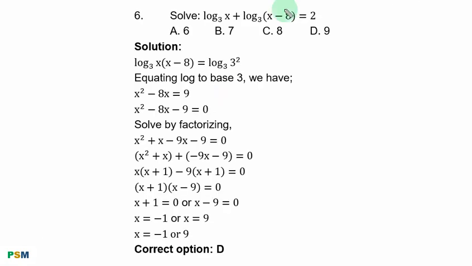Question 6. Solve log s base 3 plus log s minus 8 base 3 equal to 2. Solution. If you apply the addition law of logarithm, log of numbers with the same bases are multiplied.